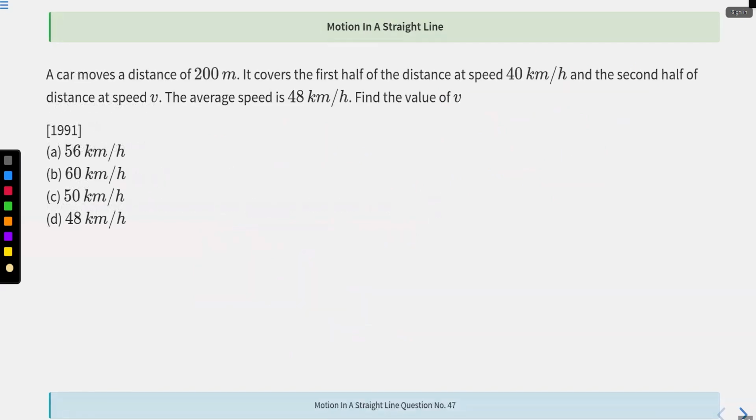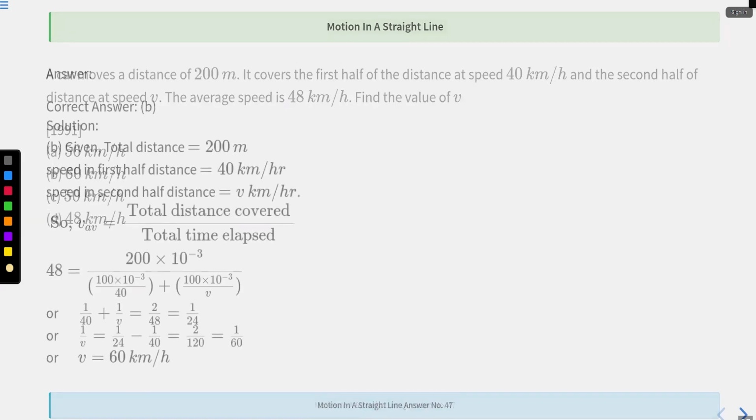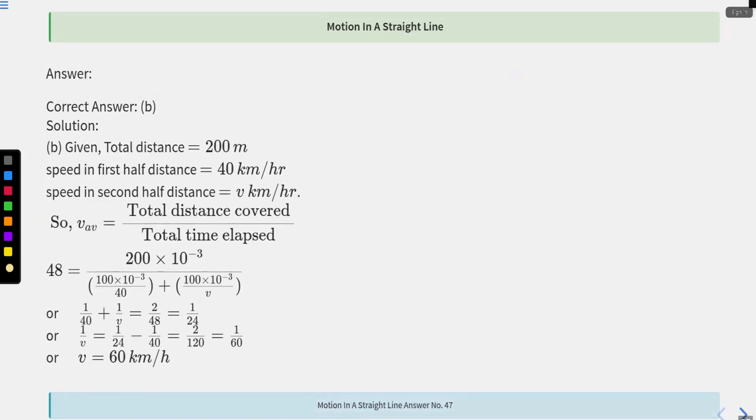Now, a car moves a distance of 200 meters. It covers the first half of the distance at a speed of 40 km per hour, and the second half of the distance at v. The average speed is 48 km per hour. Find the value of v. So, see, they've given us the total distance, 200 meters. What is the speed in the first half? 40 km per hour.